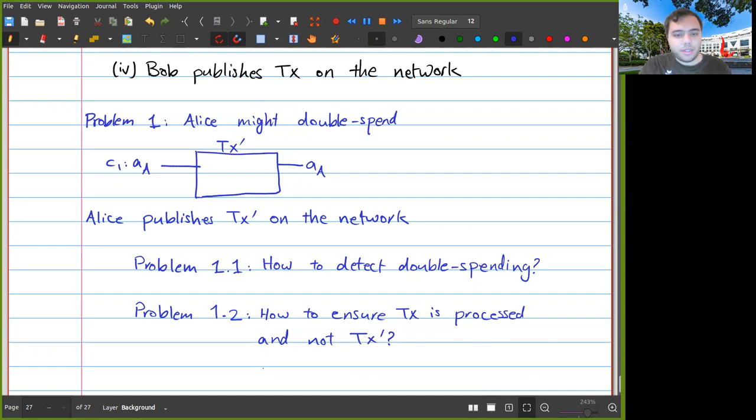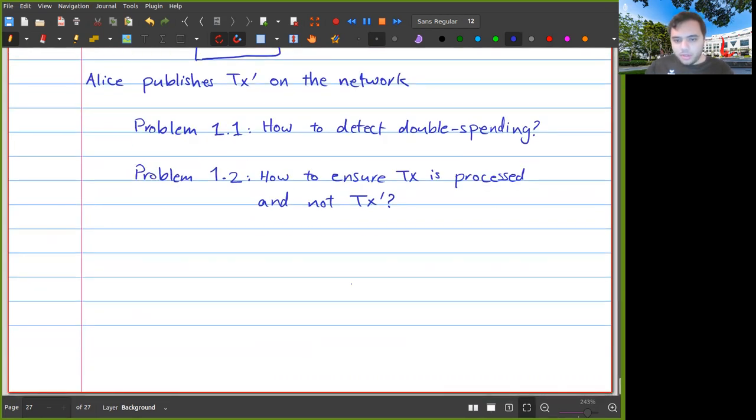Okay, so if I just want to show it a bit pictorially, suppose that this is where Bob is, this is Bob's node, and let's say that Alice double spends here. And by double spending here, I mean that she publishes this other transaction here.